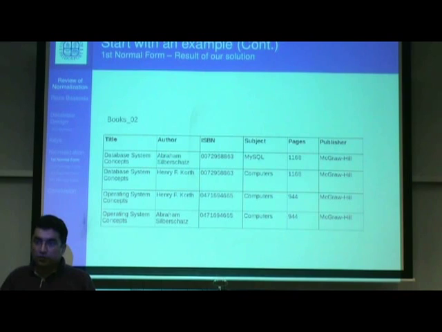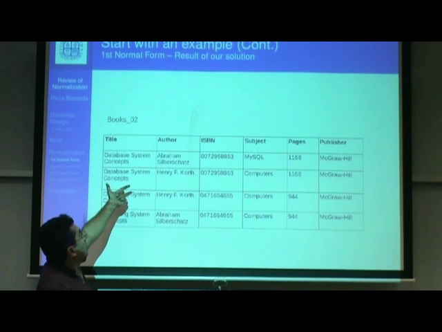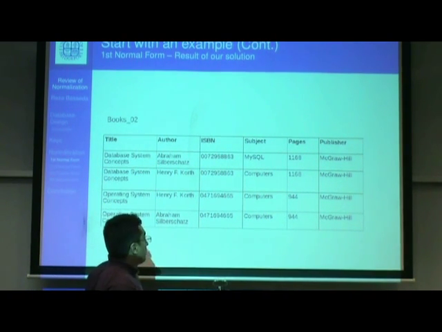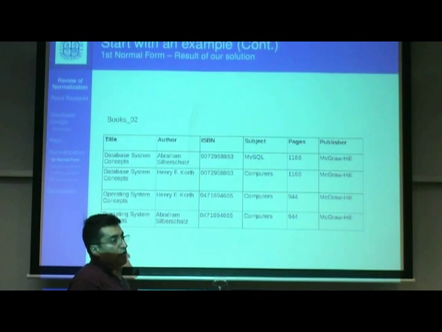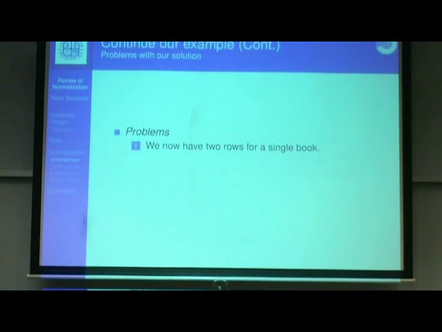You have just one author, and from this table you can simply find out who the authors of Database System Concepts are, because you go to the table, find each row with this name, add the name of the author to the list, and finally you will have the authors.